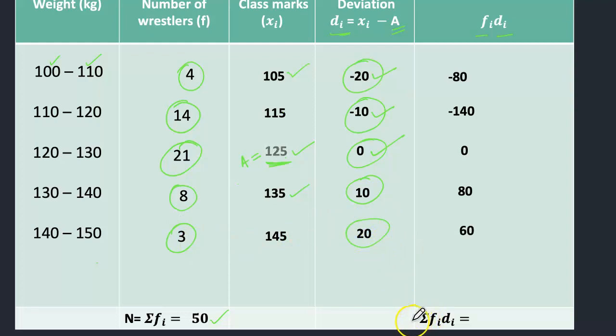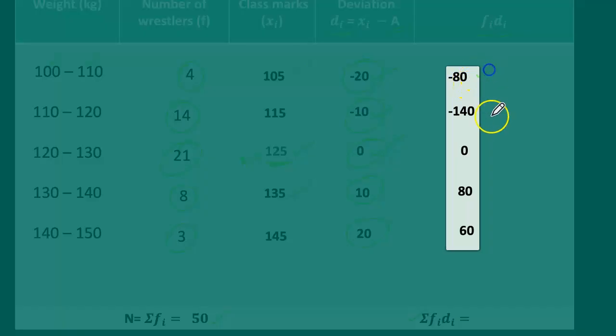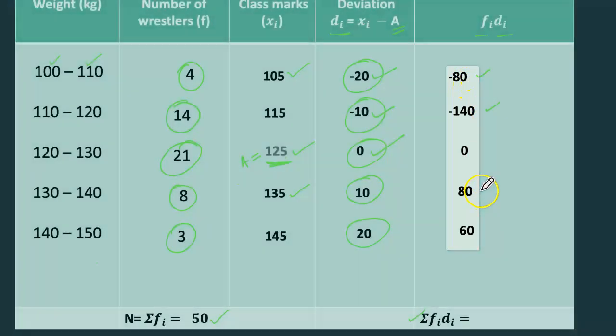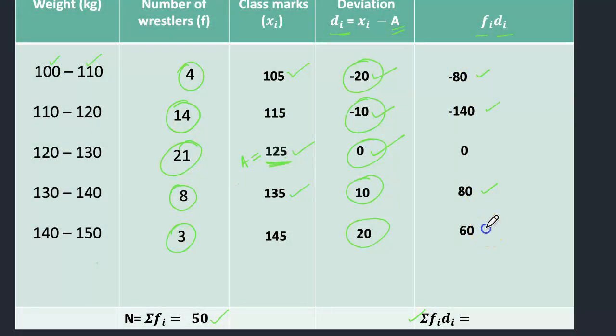Now we have to find the sum of these. Minus 80 minus 140 plus 80 plus 60. So the result is minus 80.